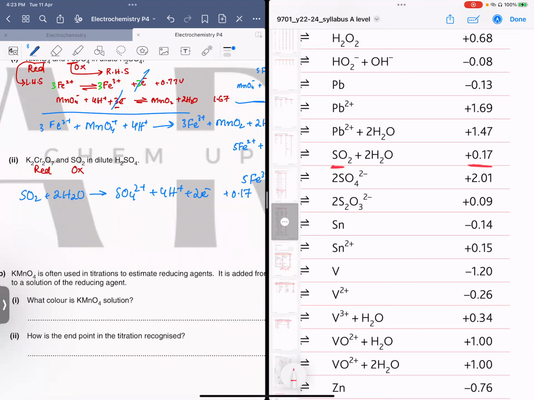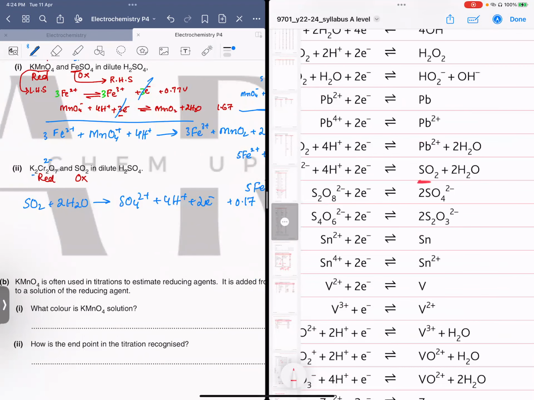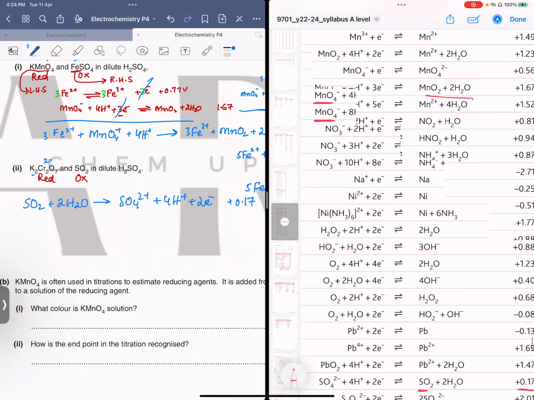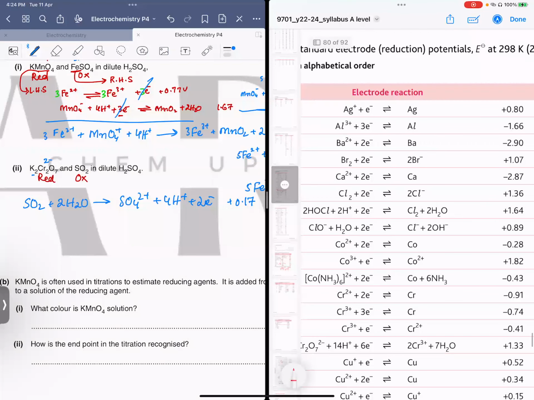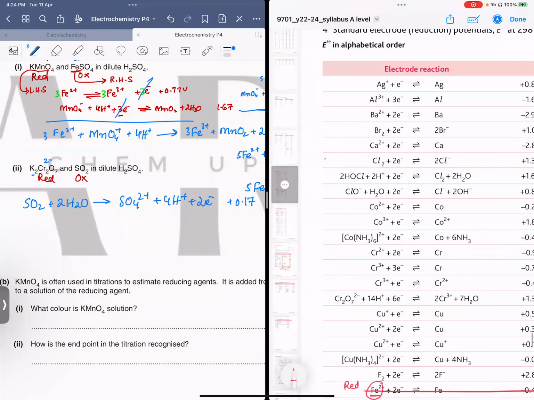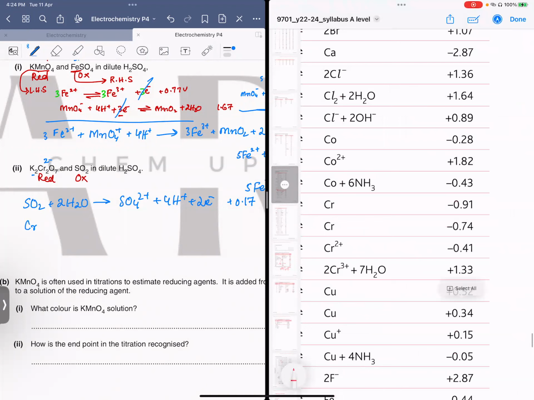Now it is reacting with the chromate which has a 2 negative charge, and there must be two conditions. Its value must be bigger and it must be on the left hand side of the equation. So its value is positive 1.33, which is greater than 0.17.